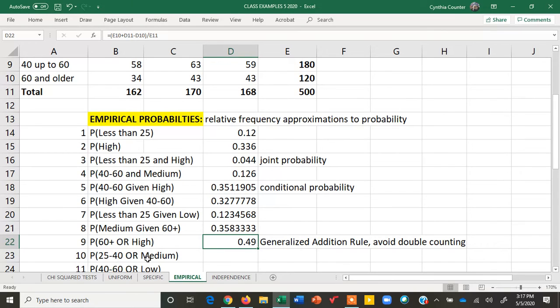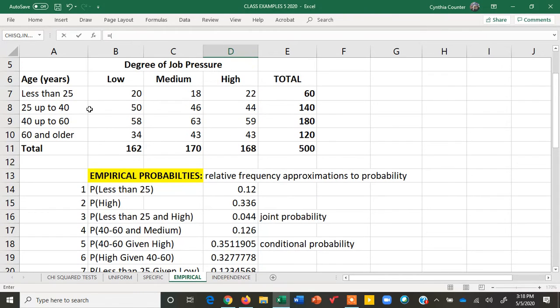Let's do two more of these examples. So here's another OR one. So equals, open parenthesis, 25 to 40 or medium. So 25 to 40 is this row of 140 individuals plus medium, which is this column of 170 individuals.